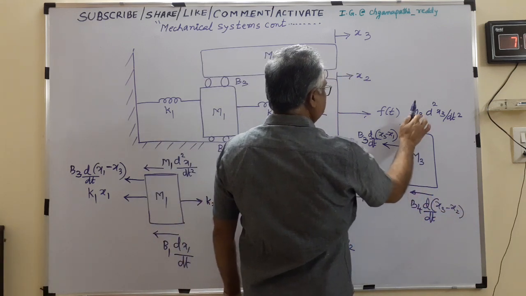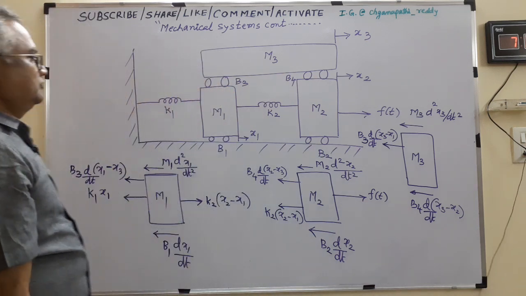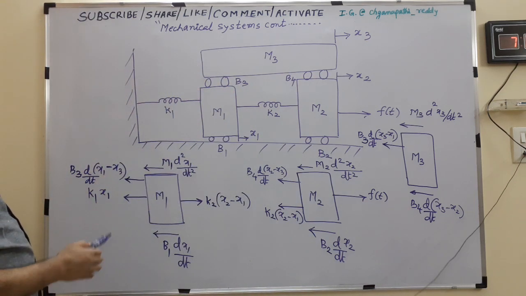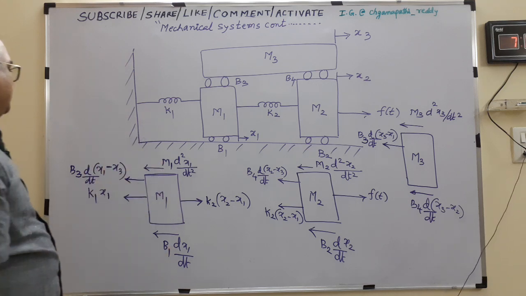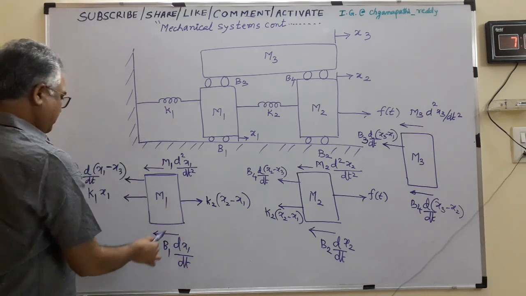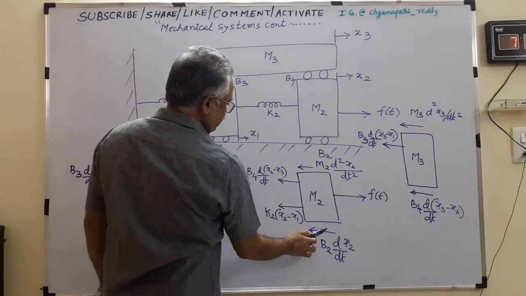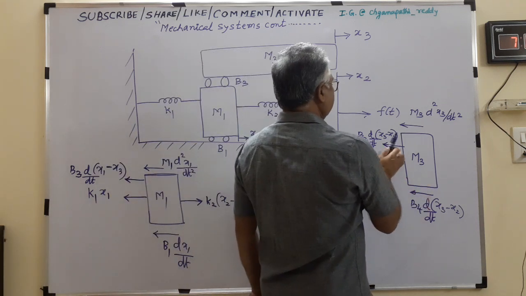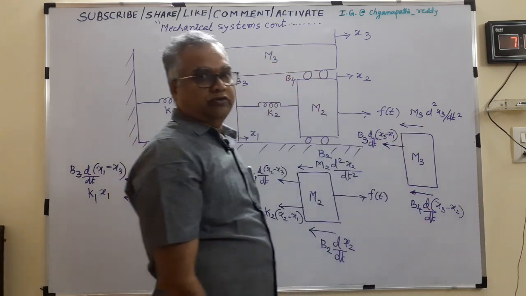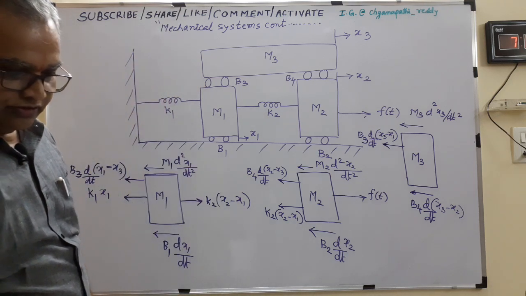So when I write this plus this equal to 0. So spend some more time, observe carefully and understand these forces. So here this is equal to all opposite. Here this is equal to this plus this plus this plus this. Here all are one side only, na? This plus this equal to 0.